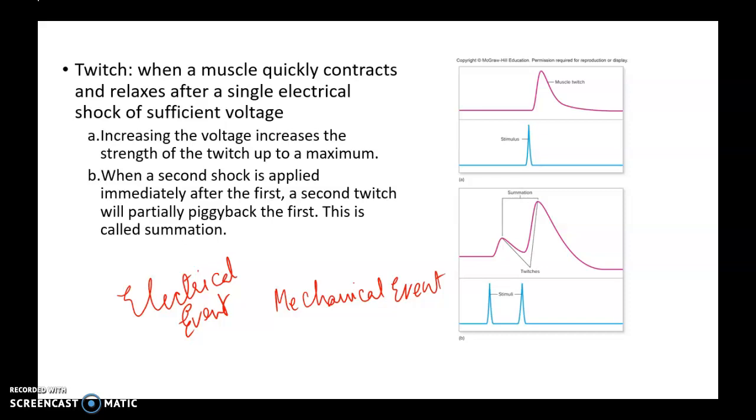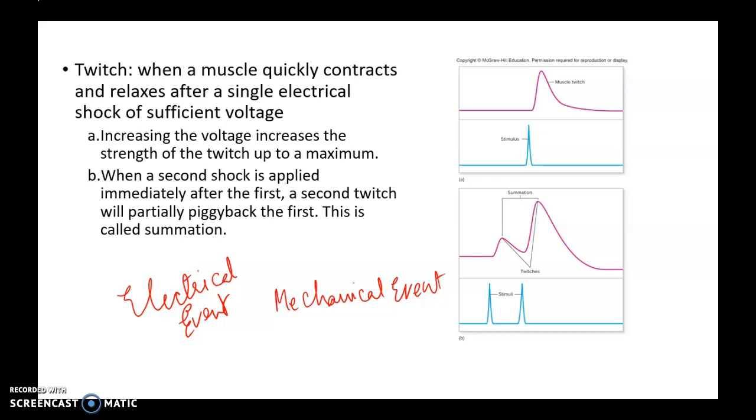Now, on the right-hand panel, we see graphs, right? The blue lines represent stimulus or action potential or shocks. And the pink lines represent muscle contractions, or muscle twitches. And I want you to notice one thing here.